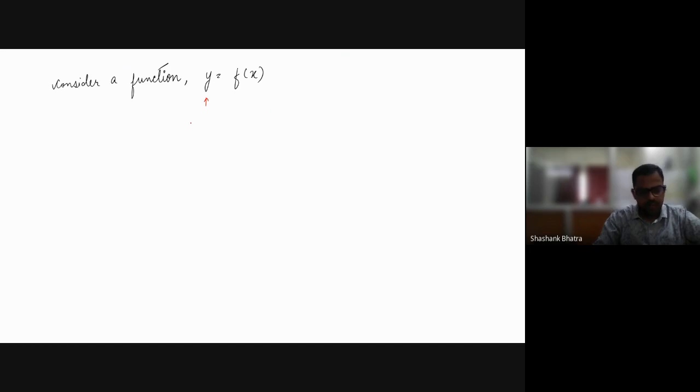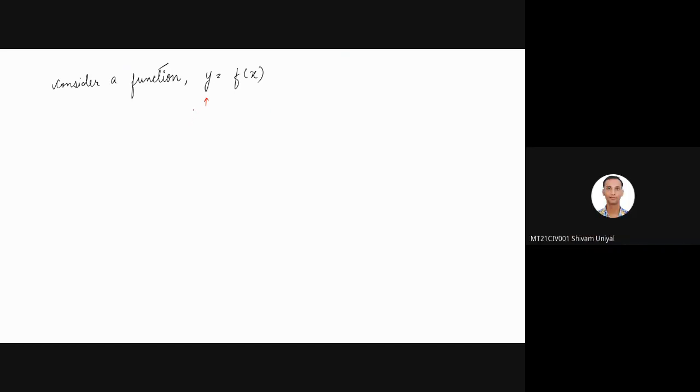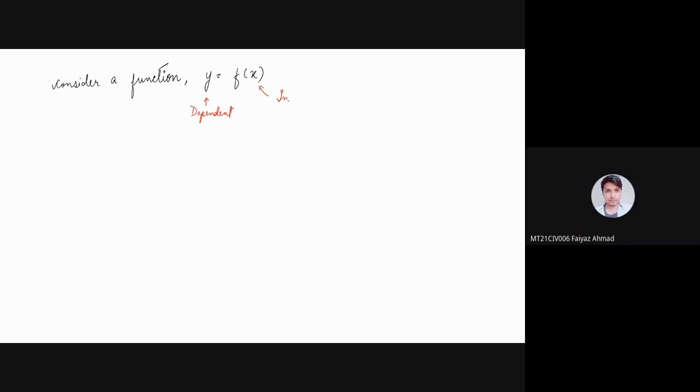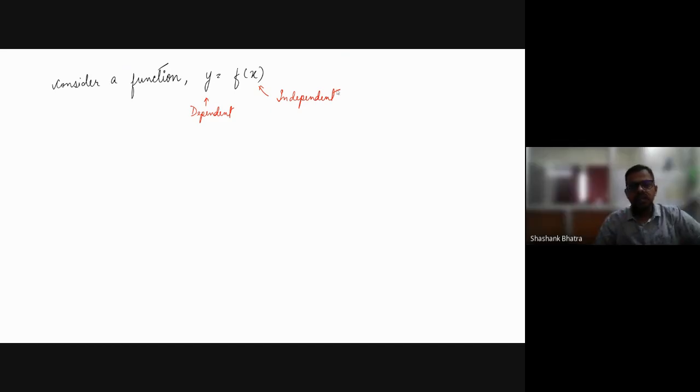Can anybody tell me what type of variable it is? Dependent variable, whereas x will be your independent variable. So y will be your dependent variable and x will be your independent variable.